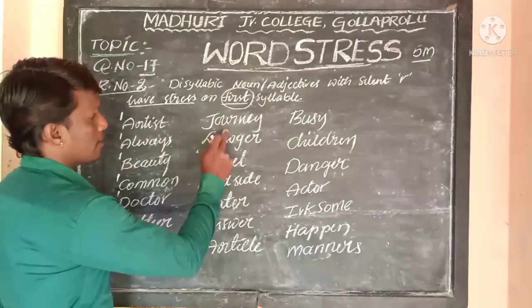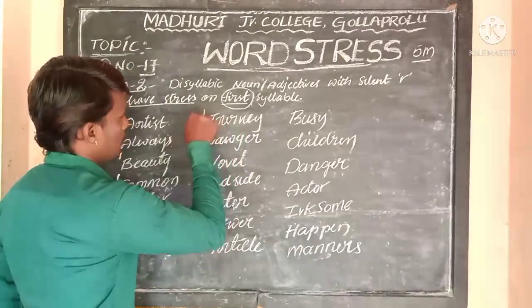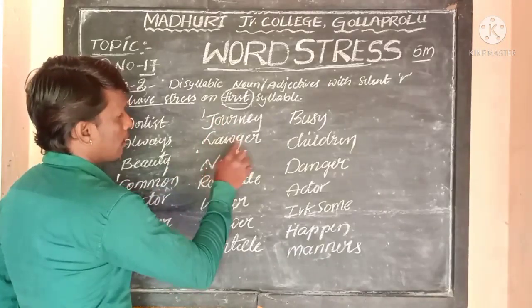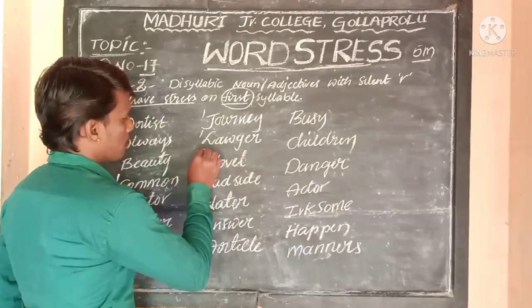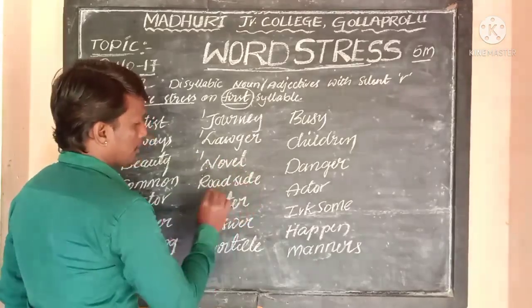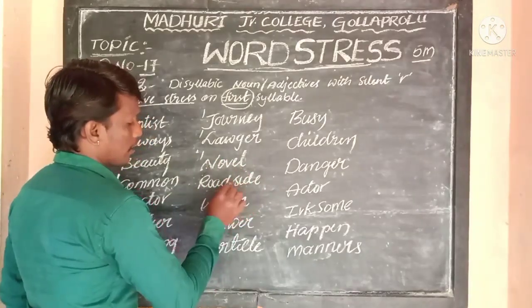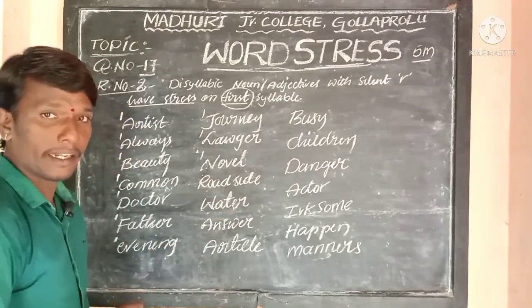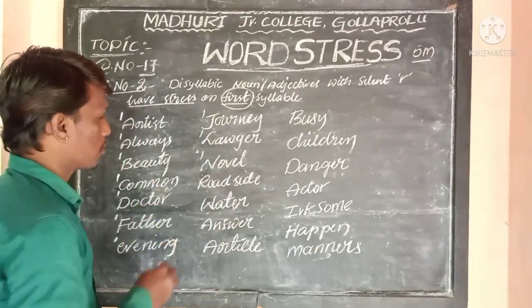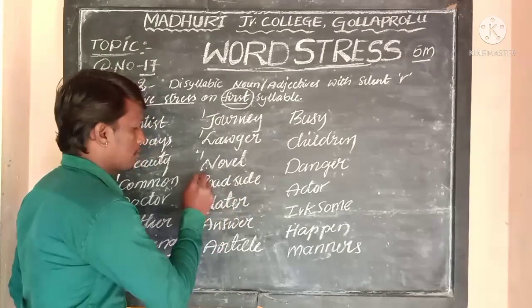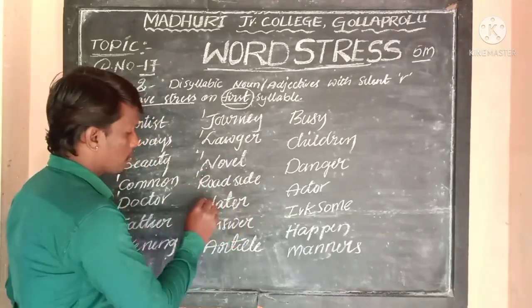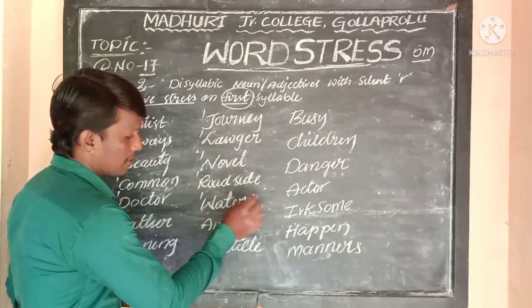Coming to this side, journey is a noun, first syllable. And lawyer, noun, first syllable. And novel, first syllable. And roadside, 2 syllables are there. Of course, the letters are 8, but there are only 2 syllables. Next, water, 2 syllables, R is silent.